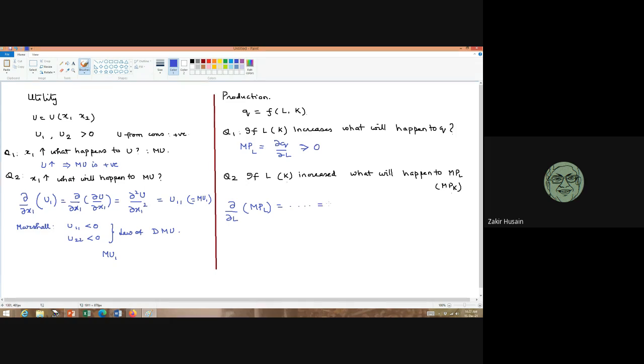You can work it out. This is equal to MPLL, or in case of capital, it is MPKK. Both MPLL and MPKK are assumed to be negative. Sir, it is the law of diminishing returns.